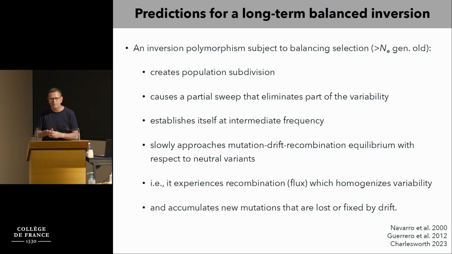And then over time, very, very slowly, this system should approach mutation-drift-recombination equilibrium with respect to neutral variants. That is, given sufficient time, it will experience recombination, gene flux, as Claire has mentioned, which will homogenize the variability between the two arrangements. And it will, of course, also accumulate new mutations that are lost or fixed by drift.